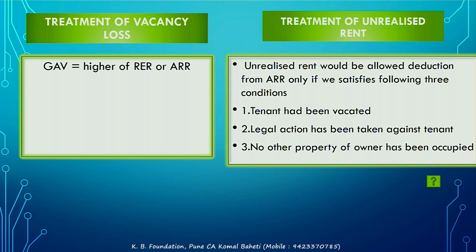So there is a fight between these two, who would become the GAV. It's a very simple answer. Whoever is higher would become the GAV. But what had happened? The reasonable expected rent is higher than the actual rent. So there is no question, the reasonable expected rent should become the GAV.